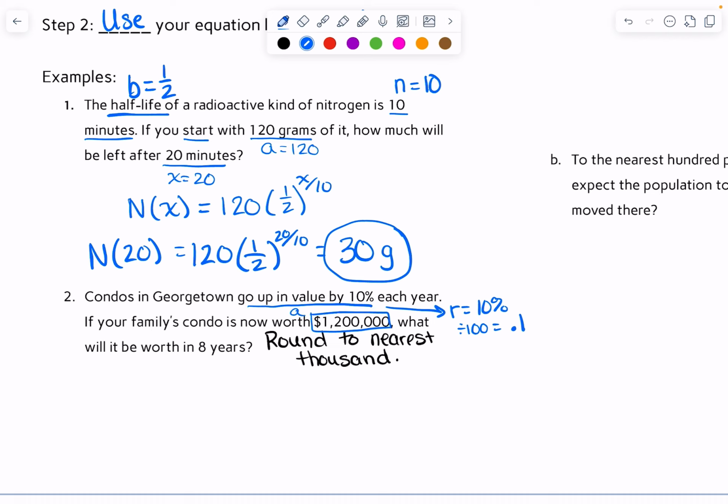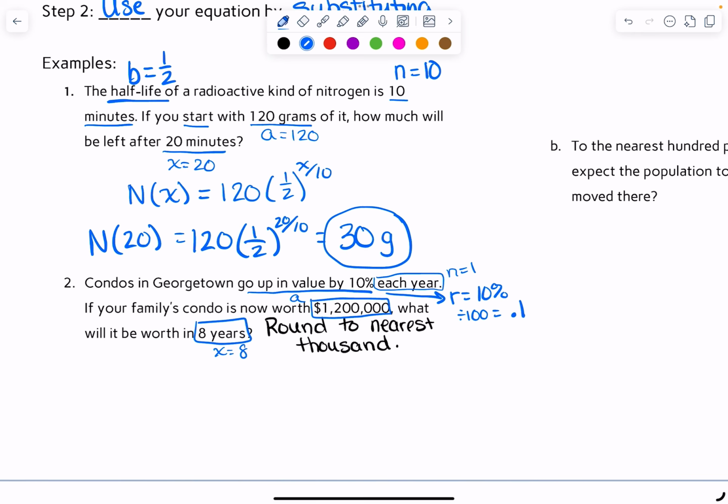That's going to be our A. Each year, that's our N, right? That means N is 1. And we're looking for what our condo will be worth in 8 years. That's going to mean X equals 8.